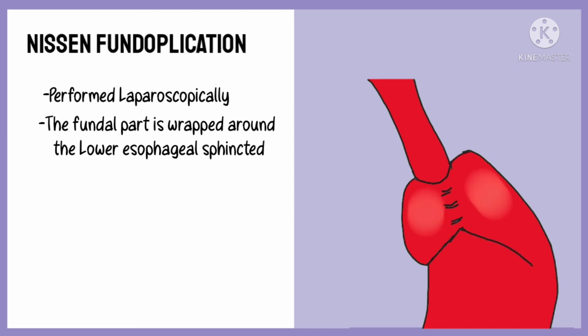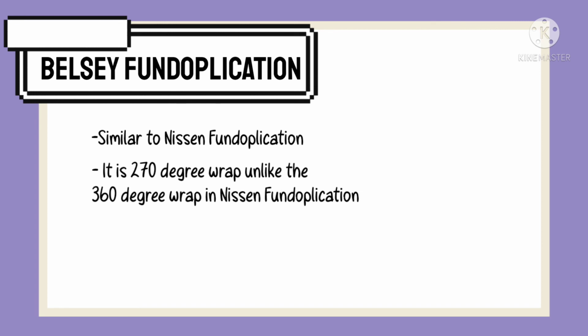This encircles the lower esophageal sphincter and facilitates its functioning. The Belsey fundoplication is similar to Nissen fundoplication, except that it involves a 270-degree wrap in an attempt to reduce the incidence of gas bloating and postoperative dysphagia.